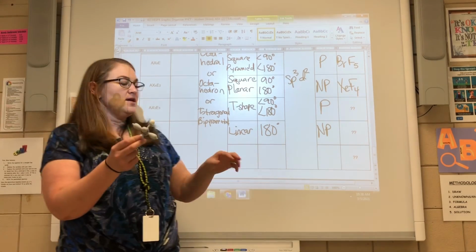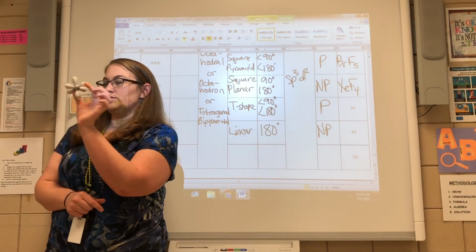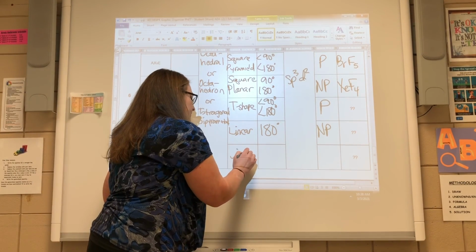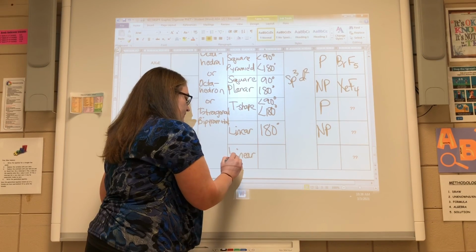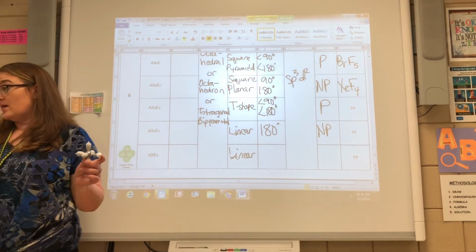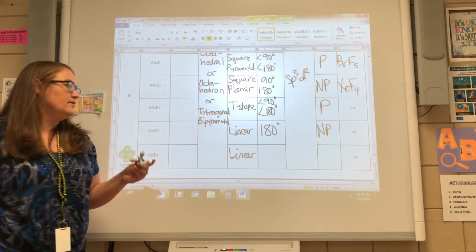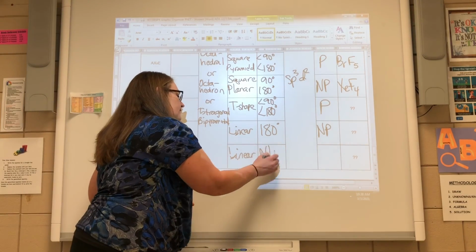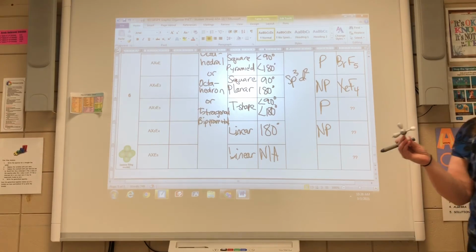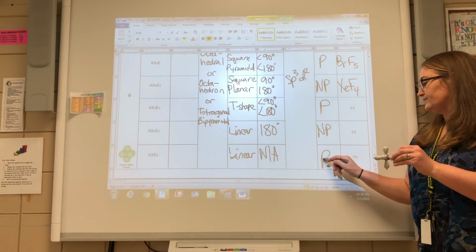What is my shape of just these two atoms, my molecular geometry shape? Linear. It's a line. Do I have a bond angle? No, because there's only two atoms. I've got to have three. So there's no bond angle. Polar or non-polar? It's going to be polar.